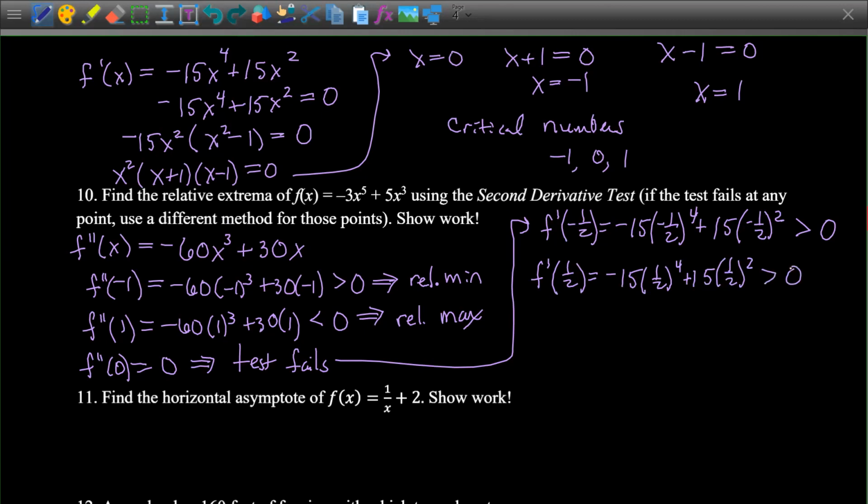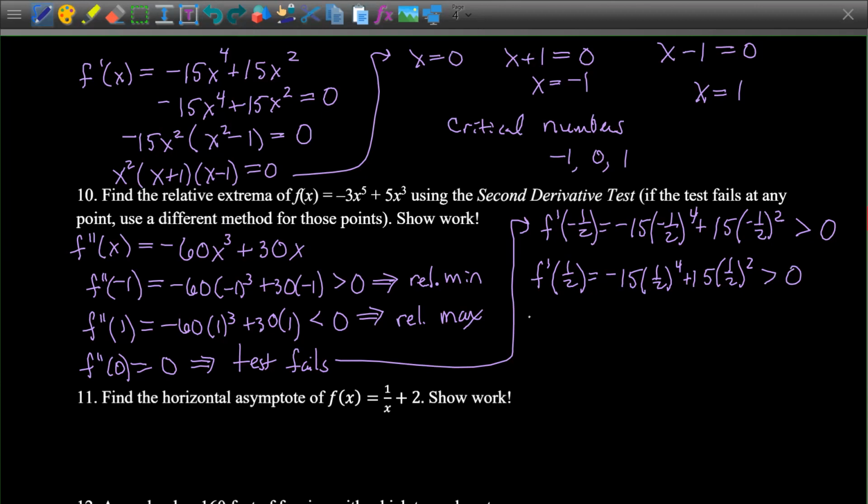So since our first derivative is positive to the left of 0, that means our function is increasing. And our first derivative is also positive to the right of 0, which means our function is still increasing. And so we can't have a relative extremum at that point.